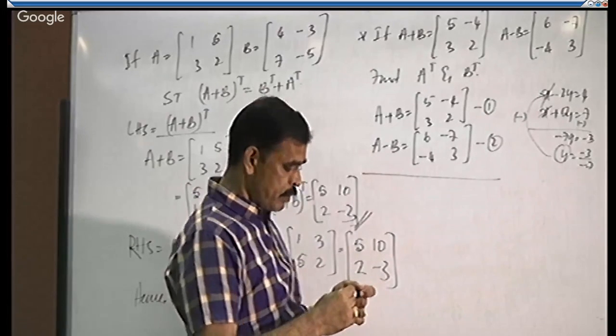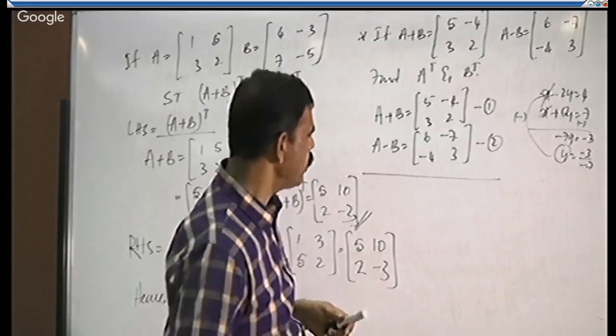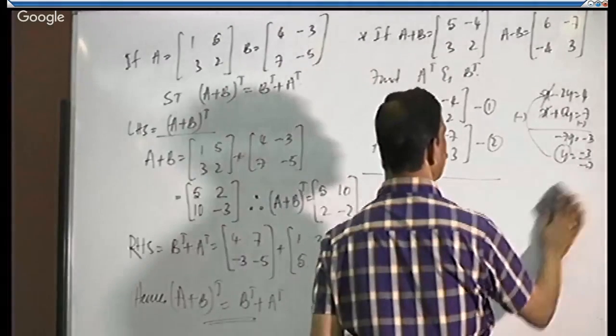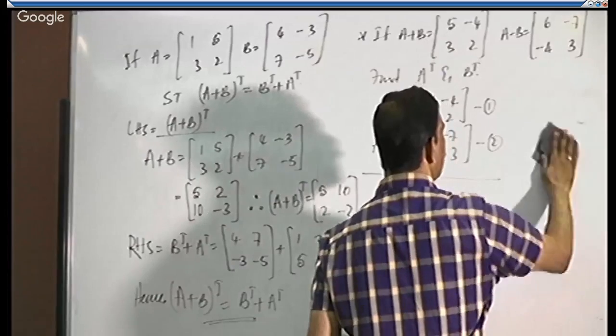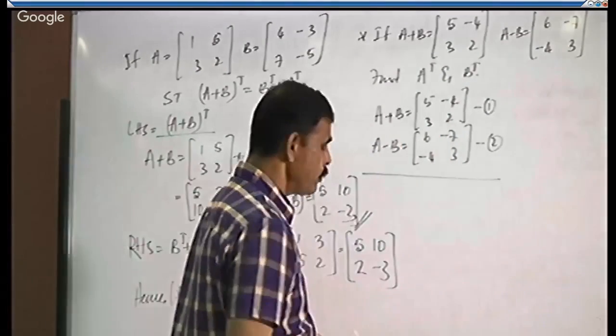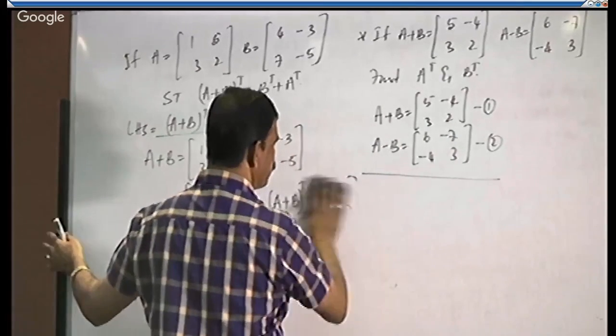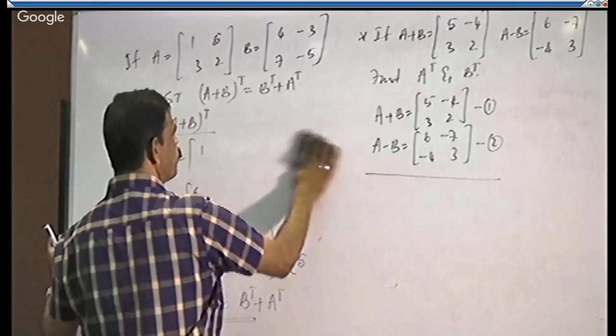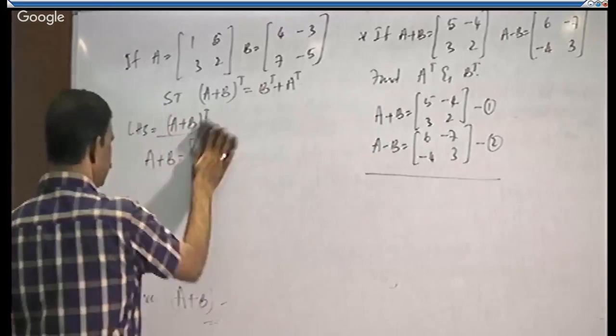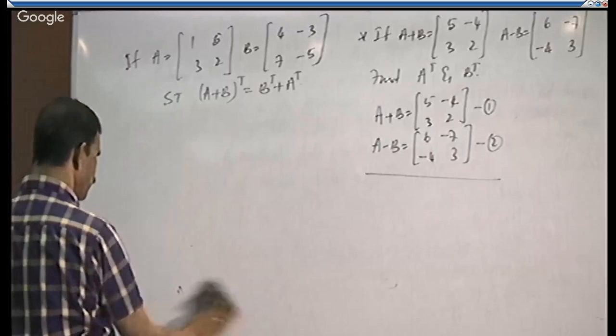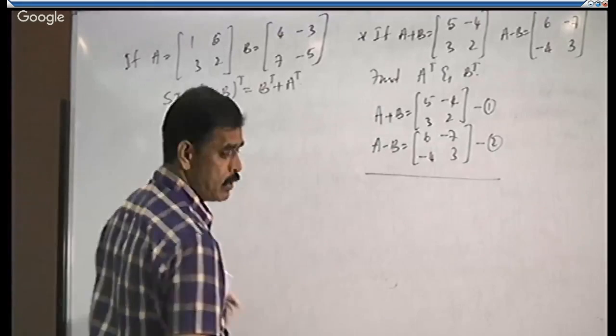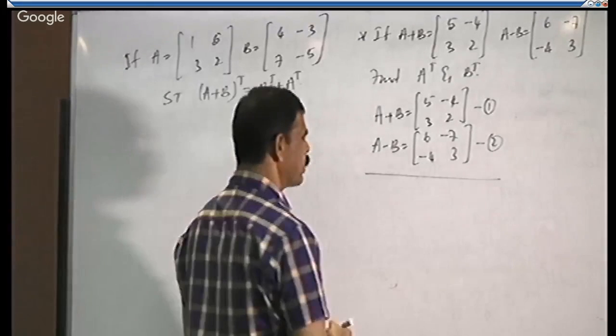First, before adding or subtracting, you check the coefficients of matrices A and B. Here we have the same coefficients, A plus B and A minus B. We don't have coefficients of A and B, right? Then we can add or we can subtract.